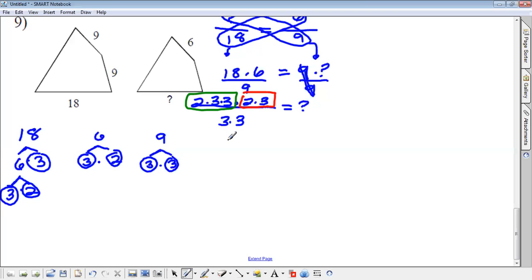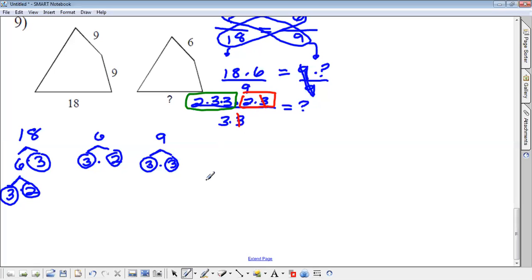Now, if you have the same number on top and the bottom, you can cancel it. Can I cancel anything? Does anything cancel? Okay, the 3's will cancel.